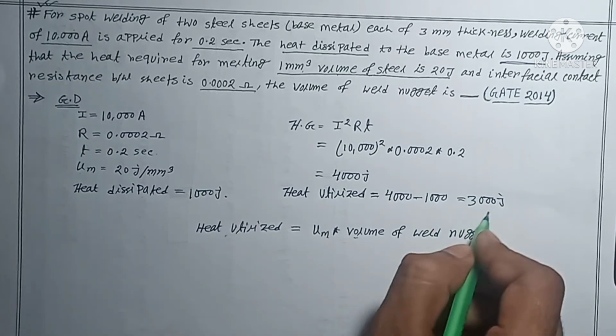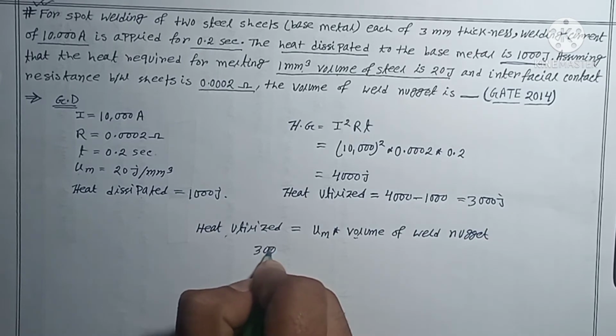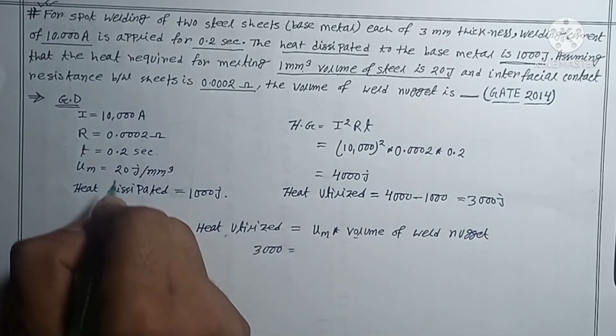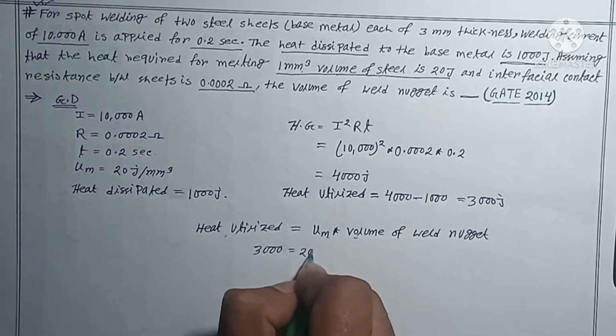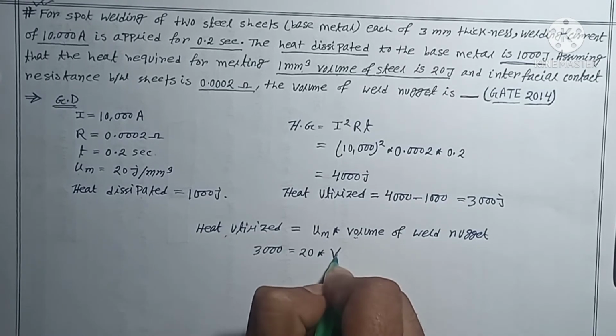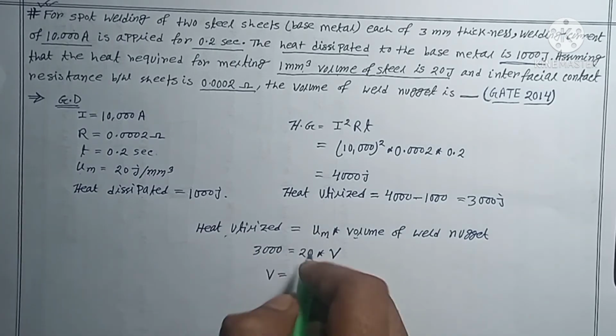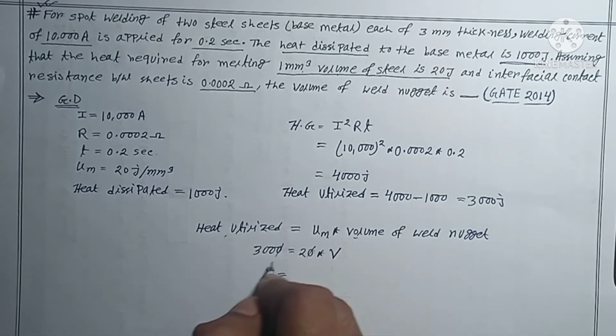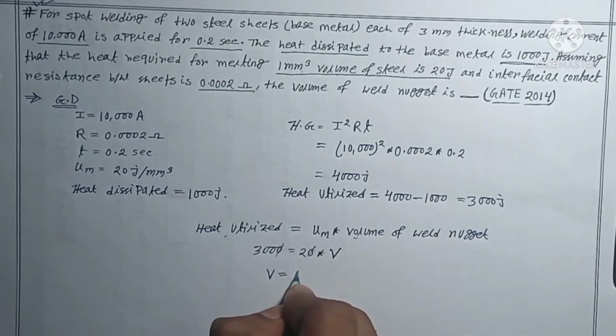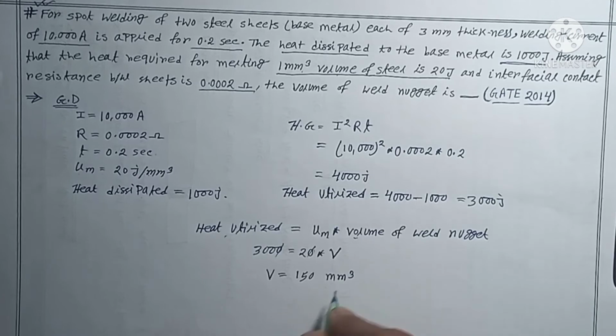Now this heat utilized, we get 3000 joule. Unit melting energy they provide us is 20 joule, and this is volume, let it be represented by capital V. So from here we can get that a 0 gets cancelled out, and 300 by 2 is nothing but 150 mm cube.